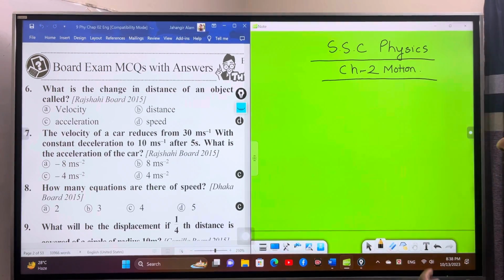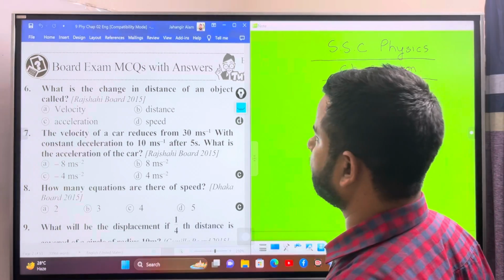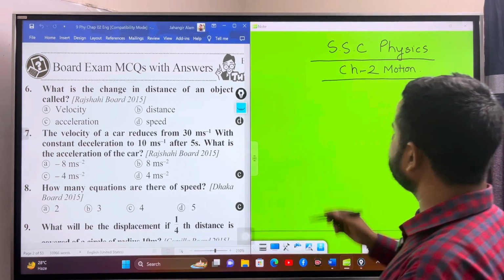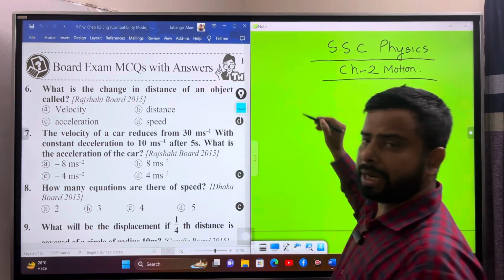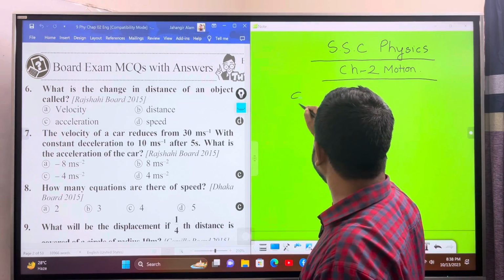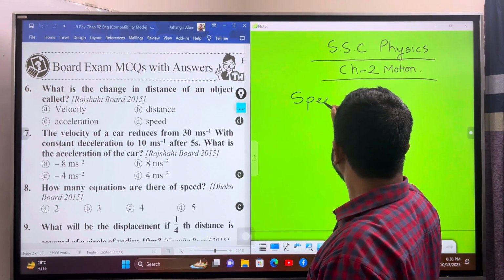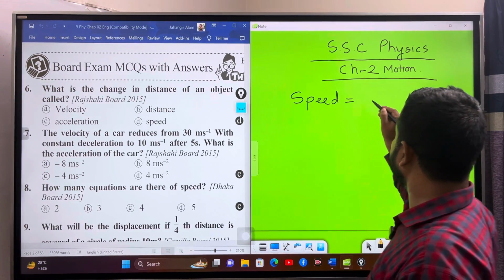What is the change in distance of an object called? We know speed is equal to the rate of change of distance.